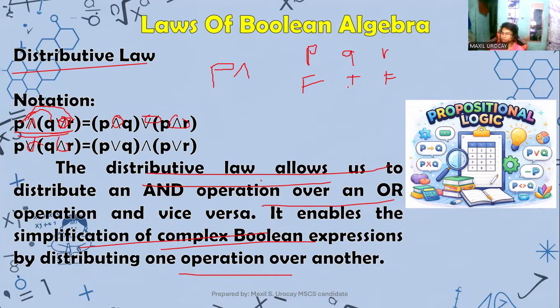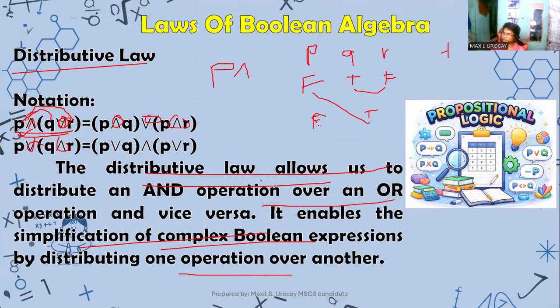So Q or R, when we say or, that is plus, right? So true plus false, that is true. Then and, times, true times false, that will become false. That is how it works.